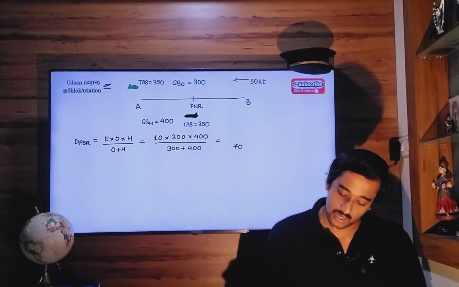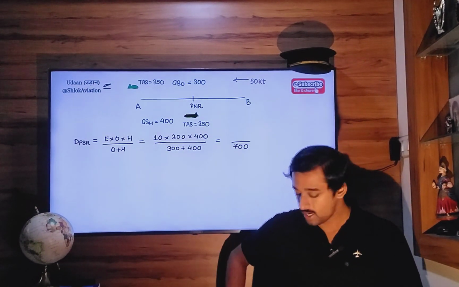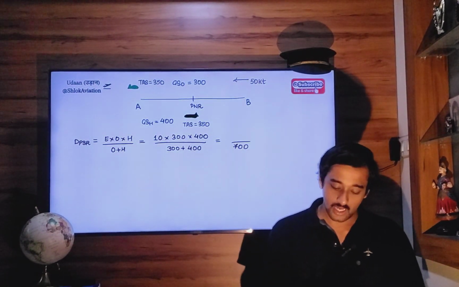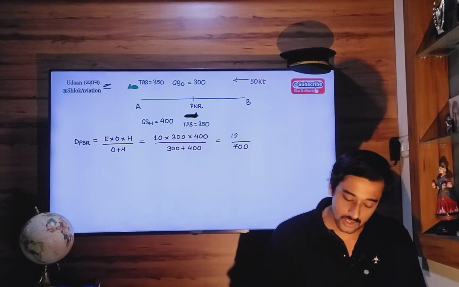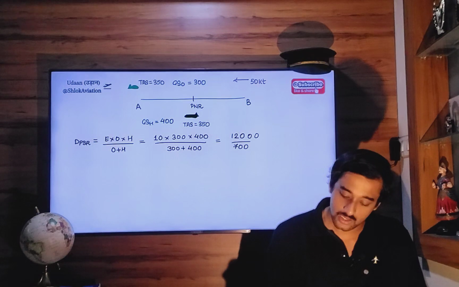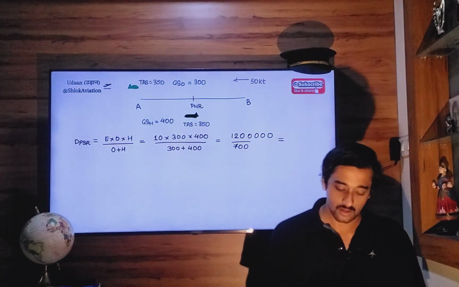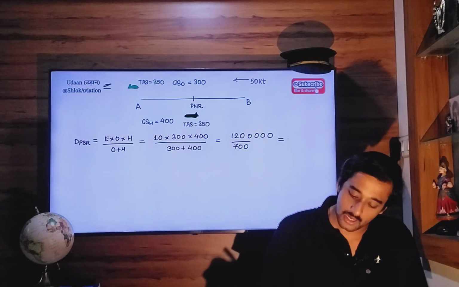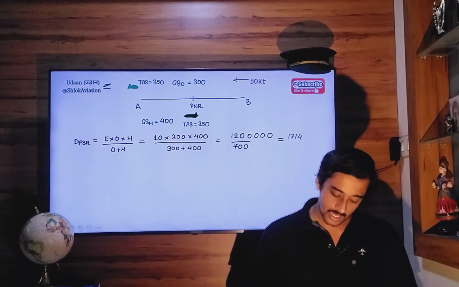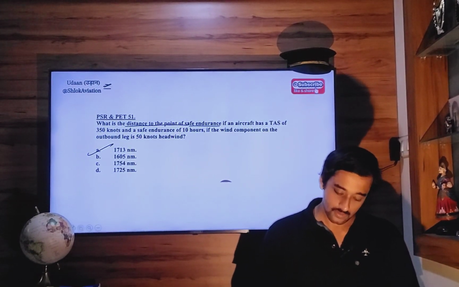So that is 700. In the numerator we have 300 into 400 into 10. So 1,200,100 divided by 700 is equal to 1714 nautical miles. So correct answer is option Alpha.